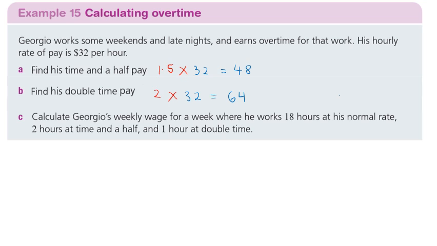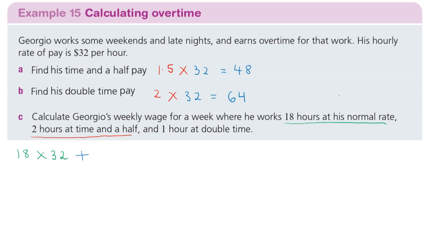Okay, last question. Calculate Giorgio's weekly wage for a week where he works 18 hours at his normal rate, 2 hours at time and a half, and 1 hour at double time. So 18 hours at normal rate. So 18 times 32 plus he works 2 hours at time and a half.